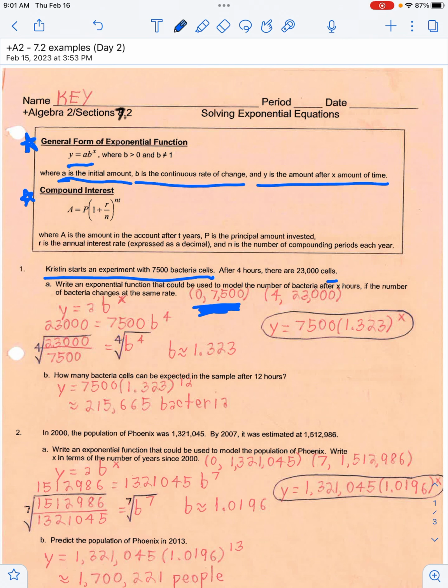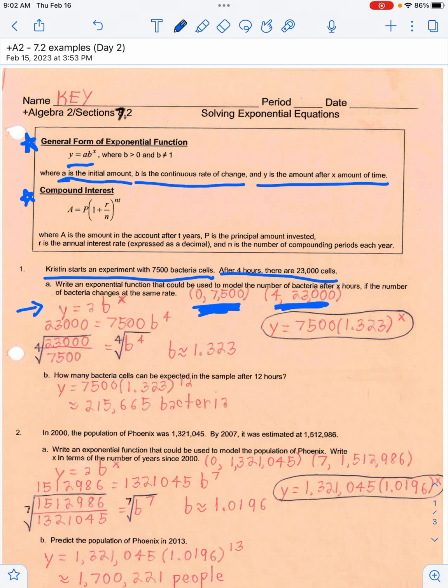After 4 hours, there are 23,000 cells. So at time 4 hours, we have 23,000 cells, where Y is the amount of cells we have, and X is the time for which we have that amount of cells. So if we go to our generic model here, y equals a times b to the x, I'm going to plug in for a the number of cells we have, which is 7,500 when we start the experiment.